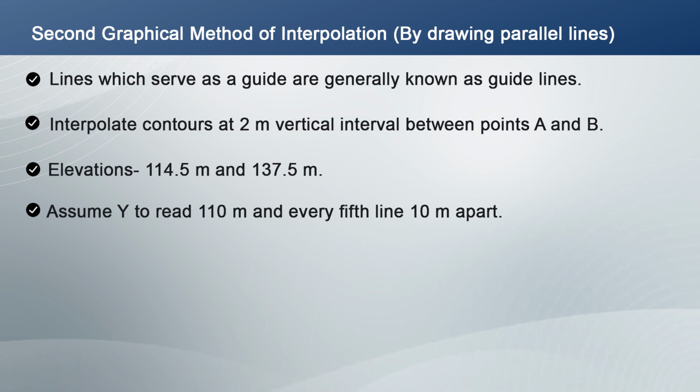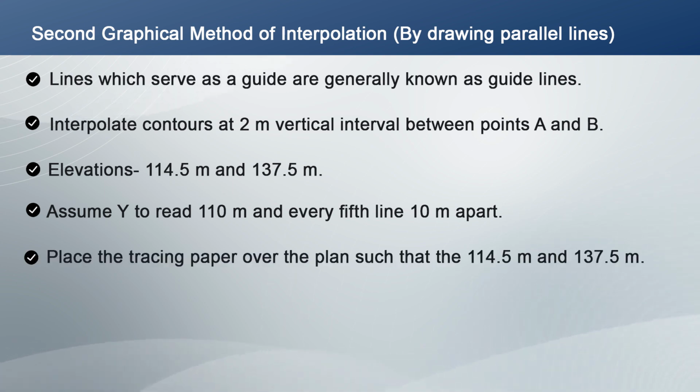Assume Y to read 110 meter and every fifth line 10 meter apart. Place the tracing paper over the plan such that the 114.5 meter and 137.5 meter radial lines simultaneously pass through the points A and B below the tracing paper.